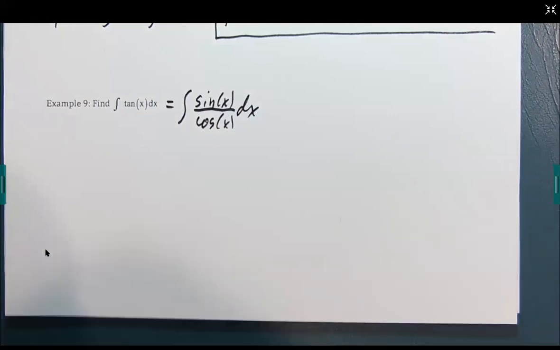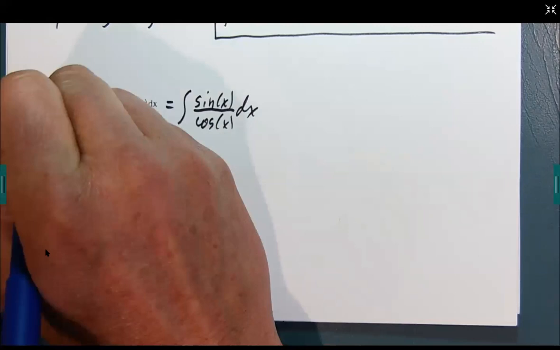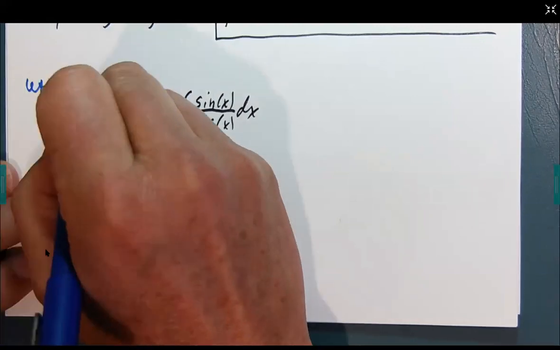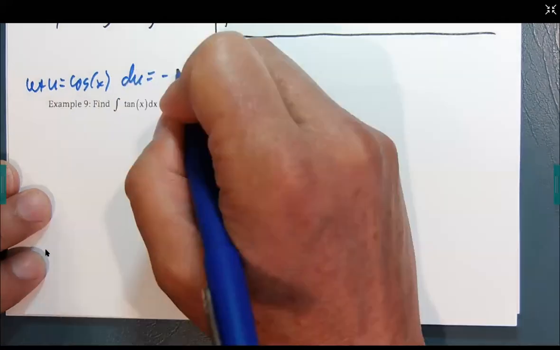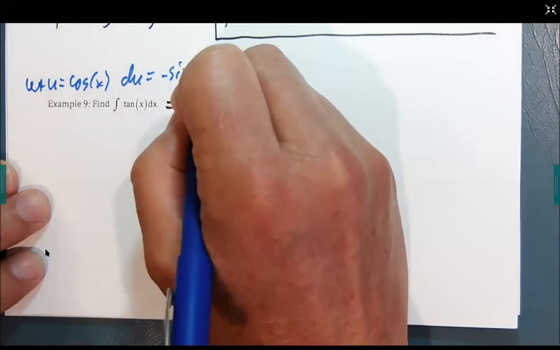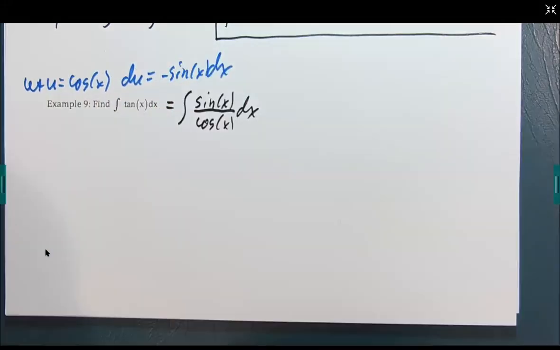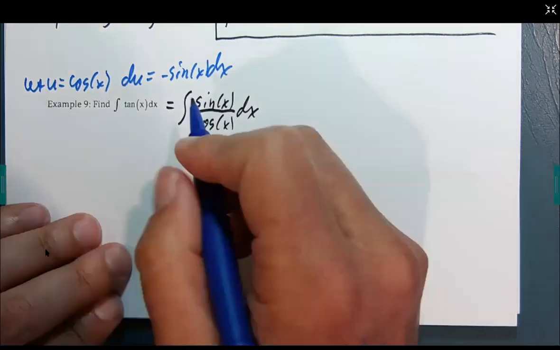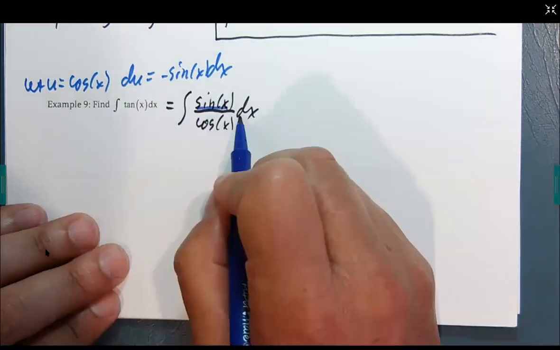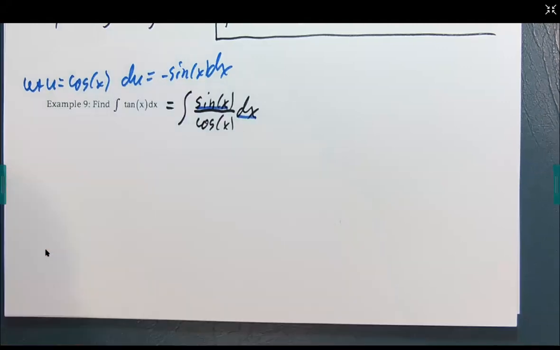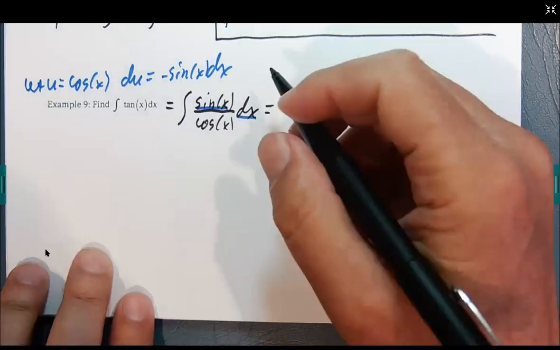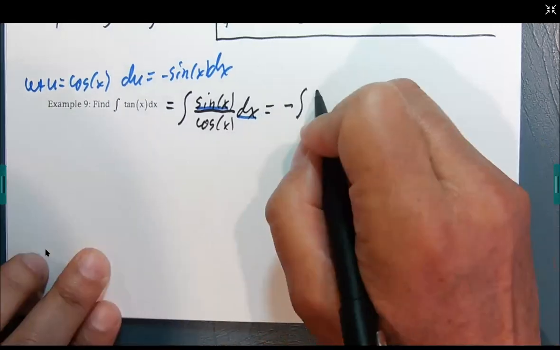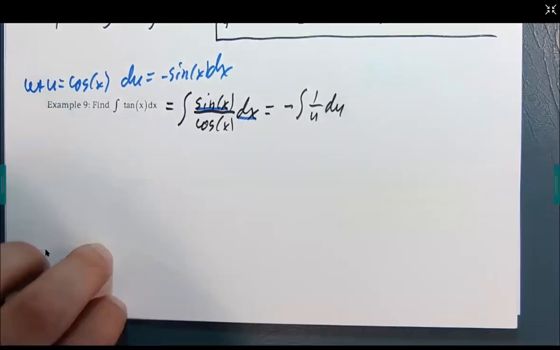I'm going to let u equal cosine x. du is going to be negative sine x dx. And you can see we have our derivative there with an extra negative, which will come into play here in just a moment. So this becomes negative integral of 1 over u du.